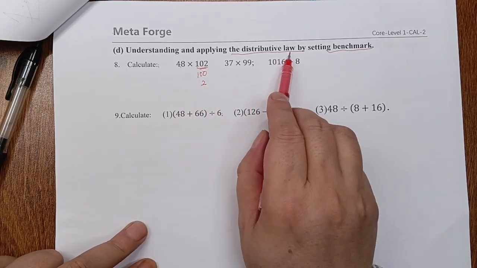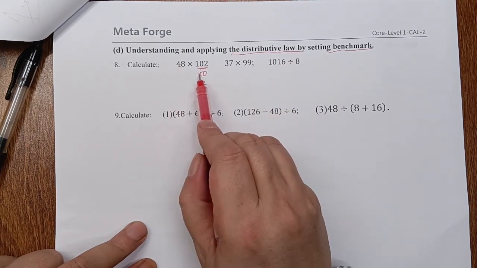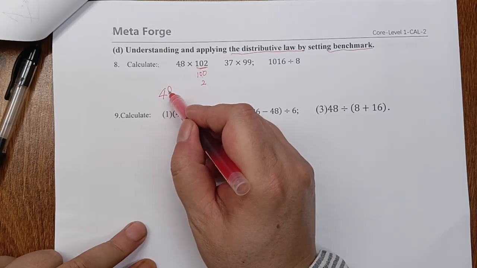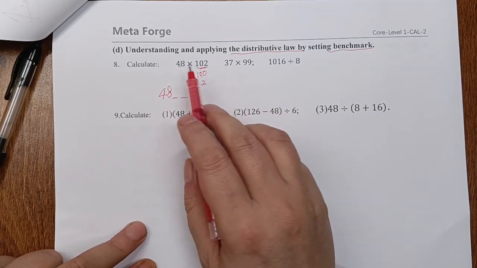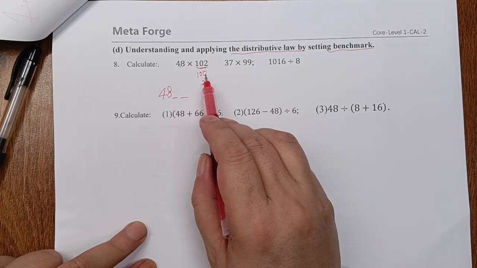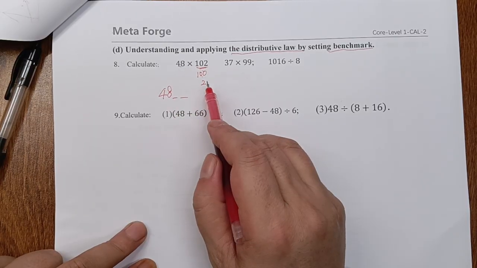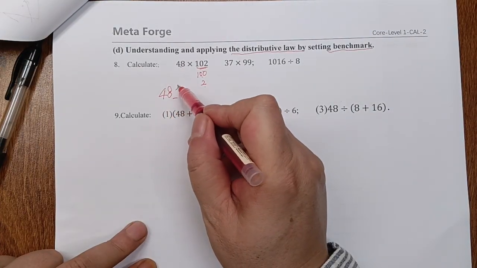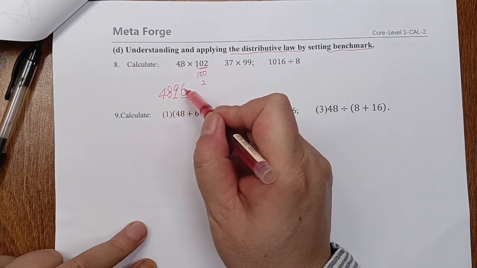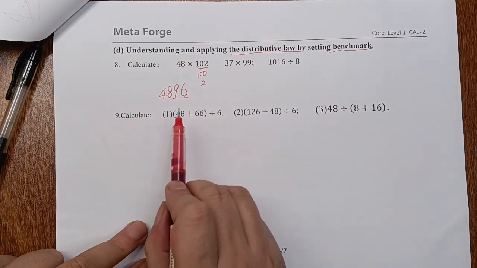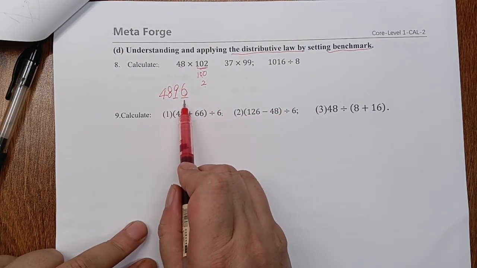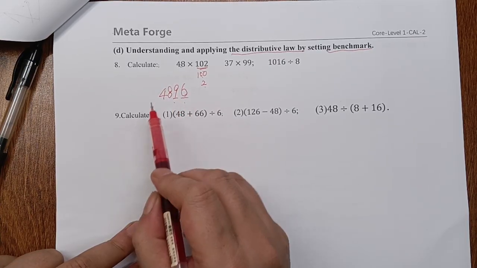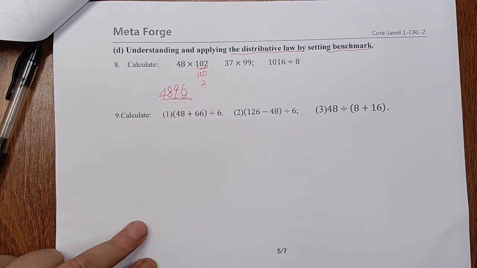Use the distributive law. Here 1. This result is 48,000, waiting for 48 times 2. Combine them together. It's less than 100, so just write down the result in the tens digit and the units digit. It's enough. Okay.